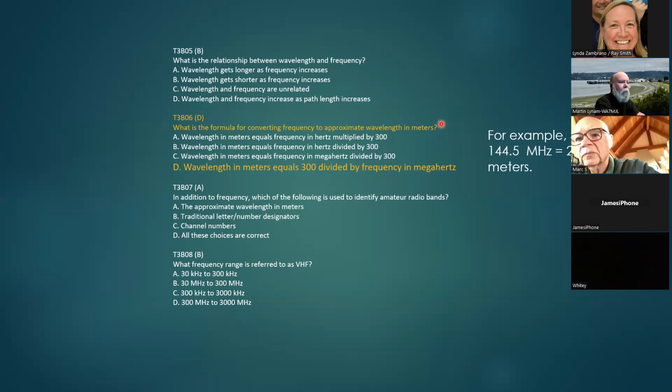For example, if you're operating in the VHF range at 144.5 megahertz, and you apply that equation, you find out that the wavelength of this frequency is 2.076 meters, which says, oh yeah, this is the 2 meter band.